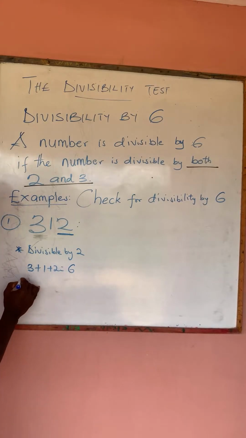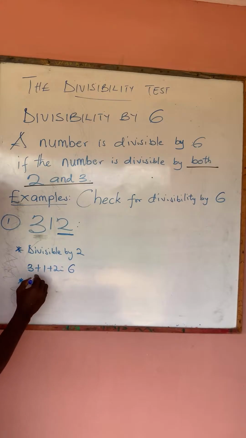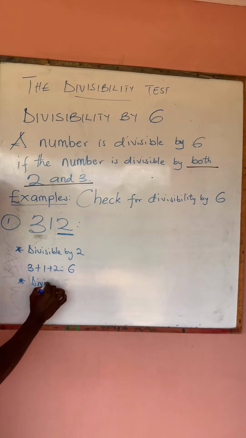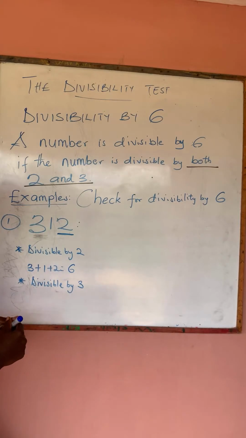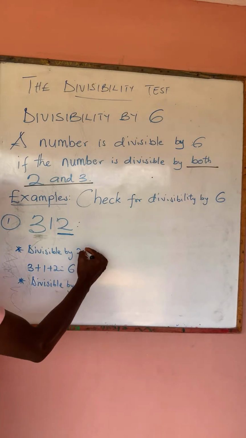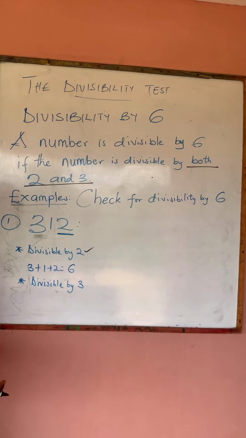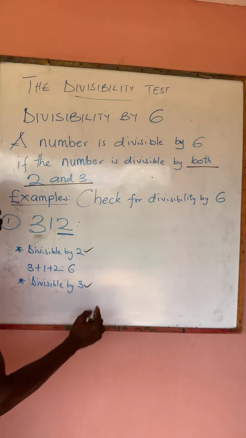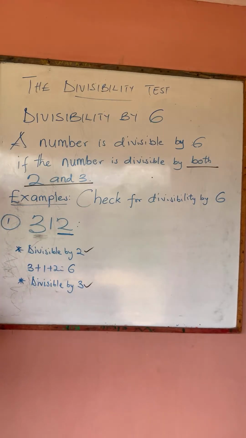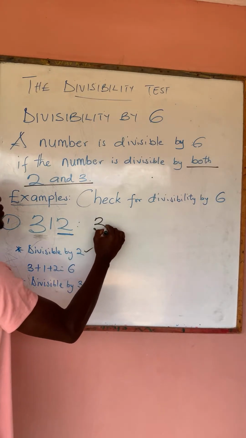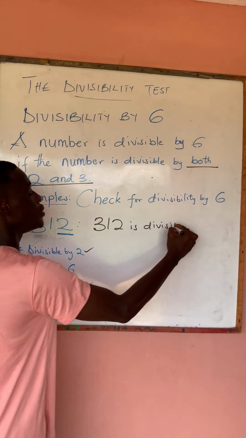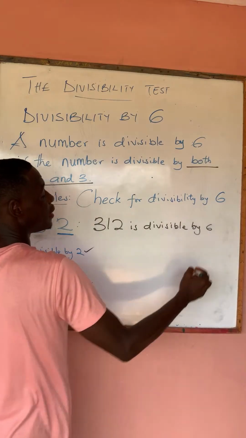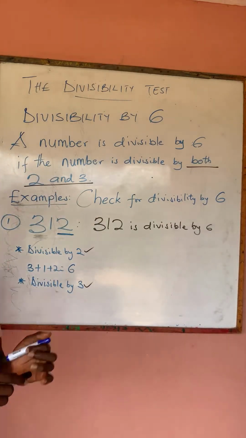So our second point also holds: 312 is divisible by 3. For divisibility by 2, we've checked that it is divisible by 2. For divisibility by 3, we checked that it is divisible by 3. So we can now conclude that 312 is divisible by 6. I hope you understand it.